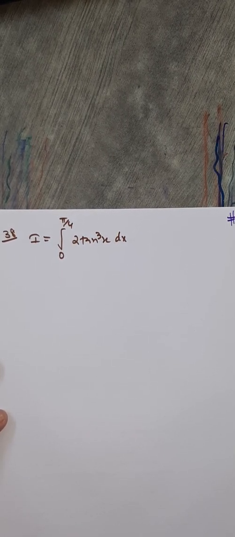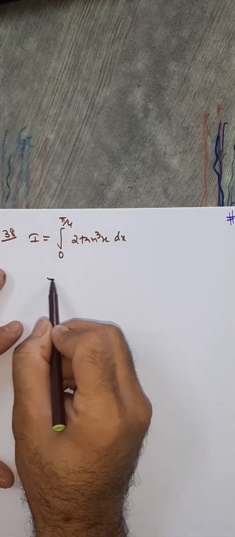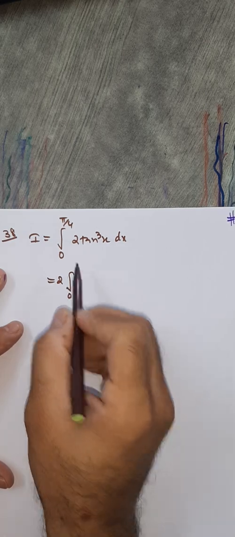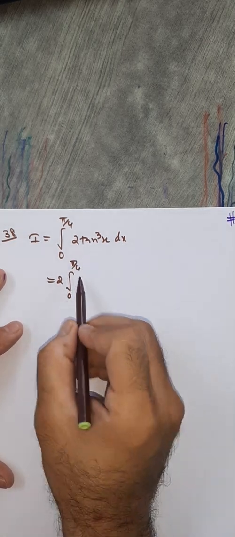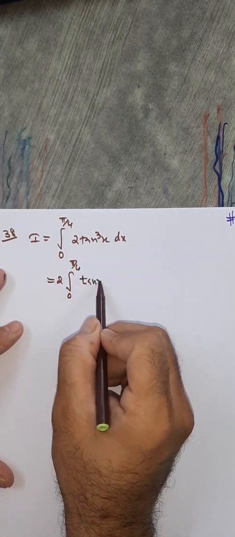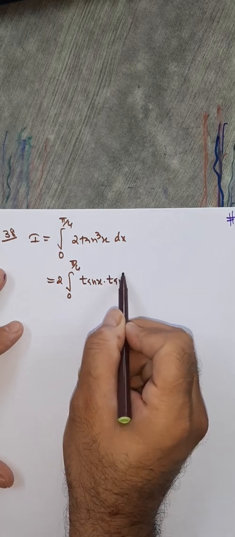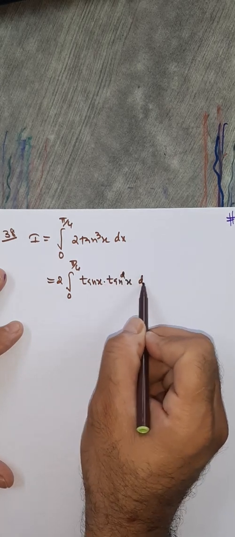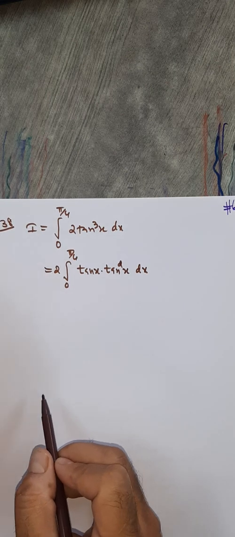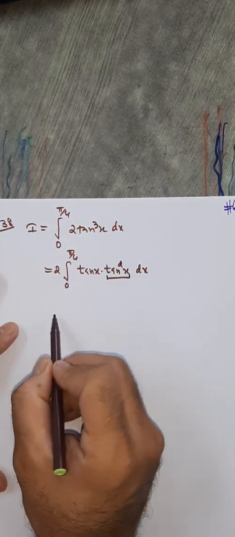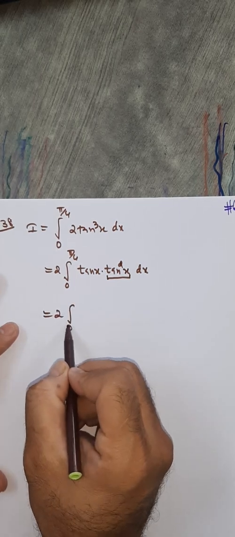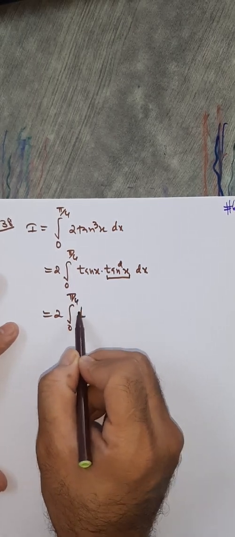Next question, 38. 0 to pi by 4, you have 2 tan cube. These also you know how to integrate. I'll keep 2 outside. 0 to pi by 4 as it is. This I will write as tan x into tan square. This is the standard way of doing this. You reduce into the smaller power. Now what we do usually, instead of tan square, we write sec square minus 1.